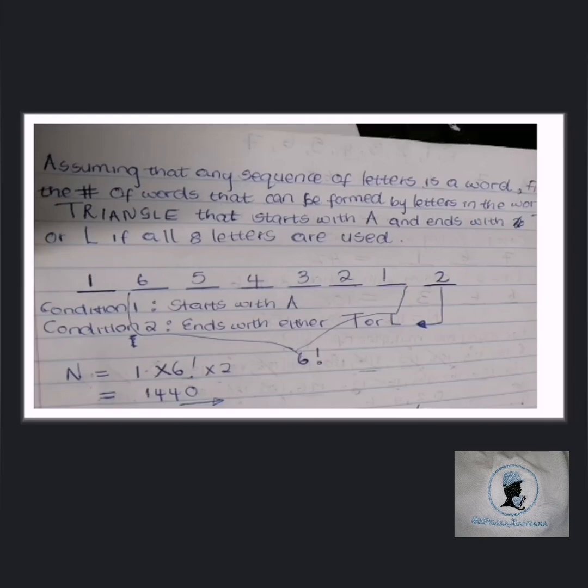So 2 choose 1 times 1 equals 2. That's how we got that 2, because from the 2 letters we are going to choose 1 and then we are just going to place it here, which is 1, or you can say 1 factorial, which is still 1.